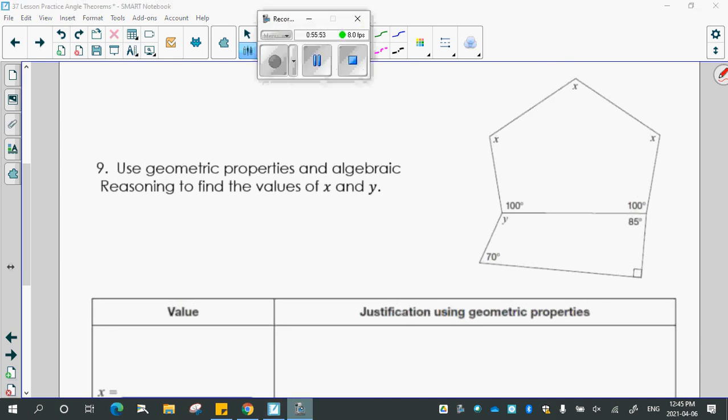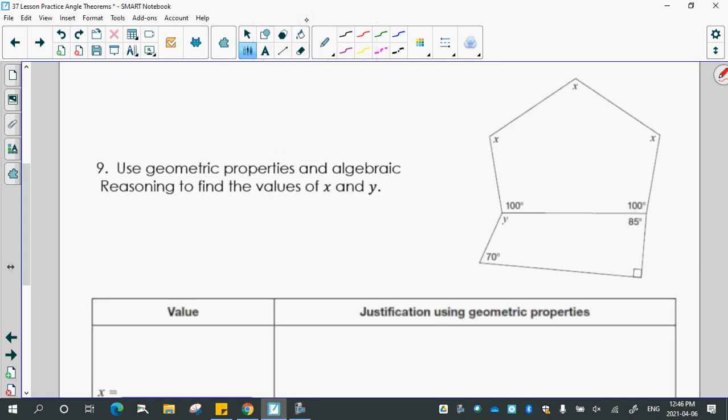So I'll give you some time. It's good. So I'm either seeing a formula or I'm seeing people going, I can make 3 triangles. 3 times 180 gives me the sum of the interior angles here, or they're using the formula that the sum is 5 sides minus 2 times 180 degrees.